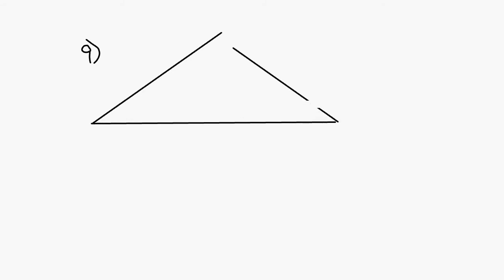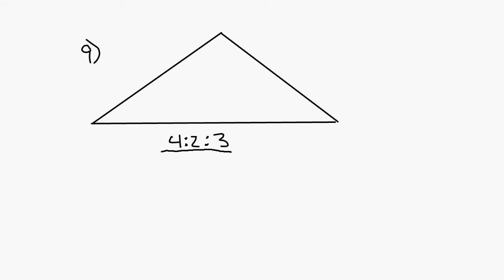Number 9. Please don't get this problem wrong. All it says is that a triangular playground has angles with measures in the ratio 4 to 2 to 3. Okay? 4 to 2 to 3 is the extended ratio for the relationship of these three angles.